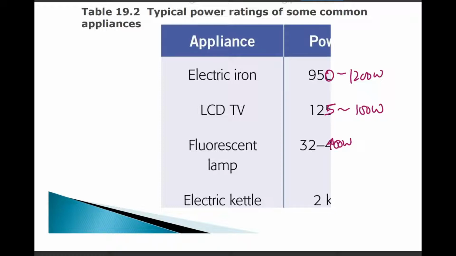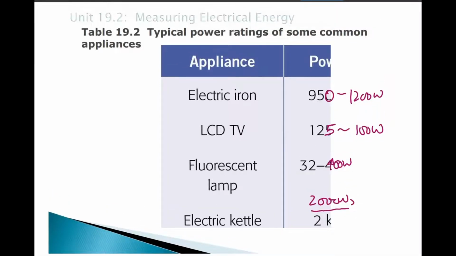And an electric kettle generally ranges from 2000 watts to 2.5 kilowatts, depending upon how quickly it heats up water. You'll find the same ratings on the electric heaters you buy for the room or the house, and even on air conditioners, because they're telling you how quickly the appliance is going to do its job.